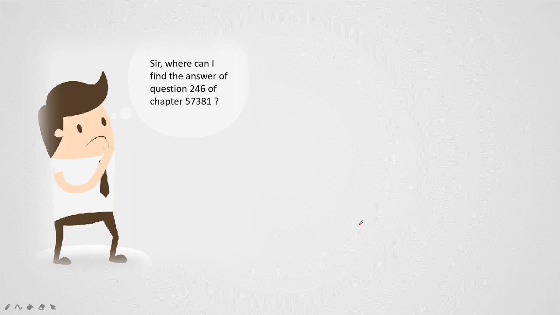One answer can be in the answer section, of course. Where can you find the answer? Of course, in the answer section. Or I can say at page number 98173649. Now, what is the specialty of this answer? This answer is really specific.